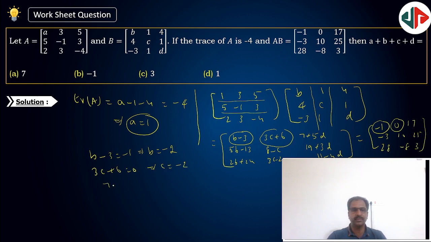Next, 7 plus 5d. So no need to do the entire multiplication of matrices. It is 17. From this, d is equal to 2. Now what is a plus b plus c plus d? If you add all those, a plus b plus c plus d will be minus 1. Option B is the correct answer.